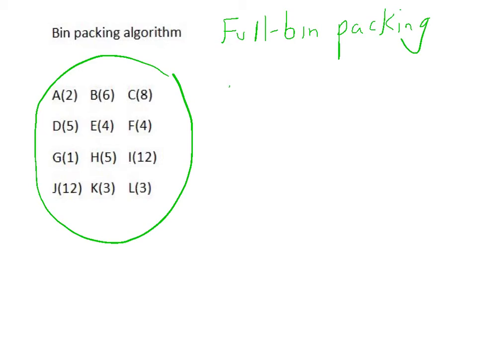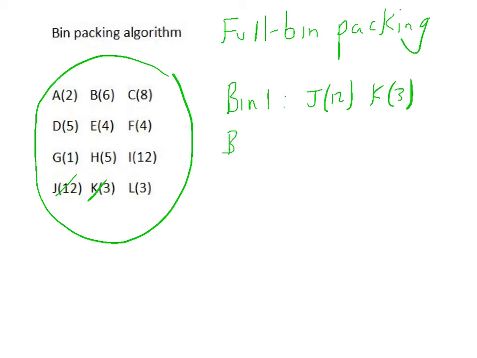So, for example, for bin 1, we might pick J and K because that's 12 and 3. So we know that we've filled up our first bin to a size of 15.